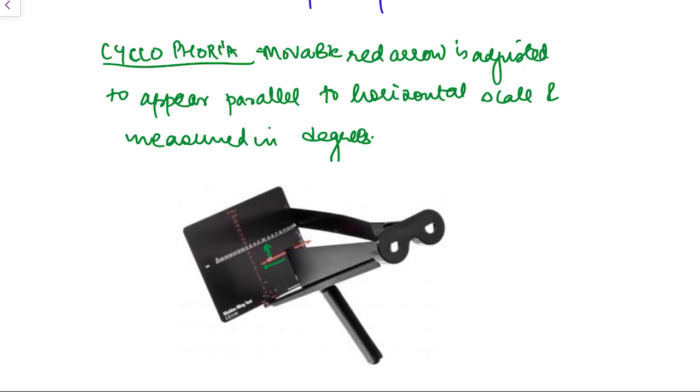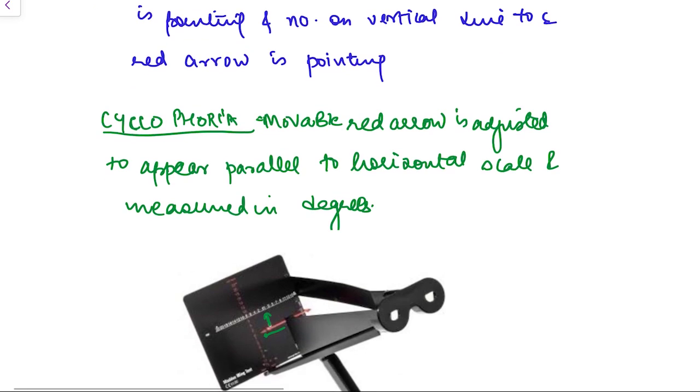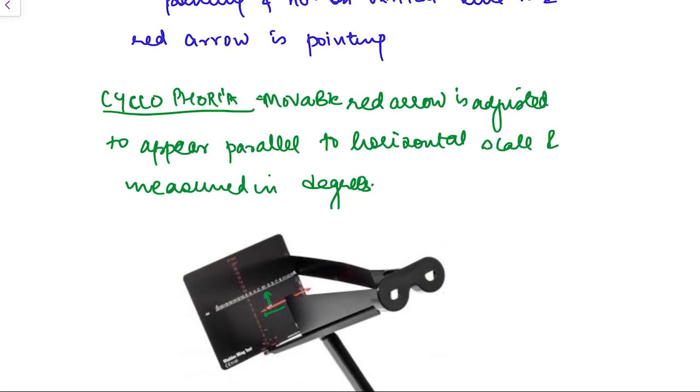If the person has no squint, they will tell it correctly, and if there is any squint, the person will not be able to tell the correct number. And the amount of deviation will be measured by the distance between the correct number and the number which the patient has told.